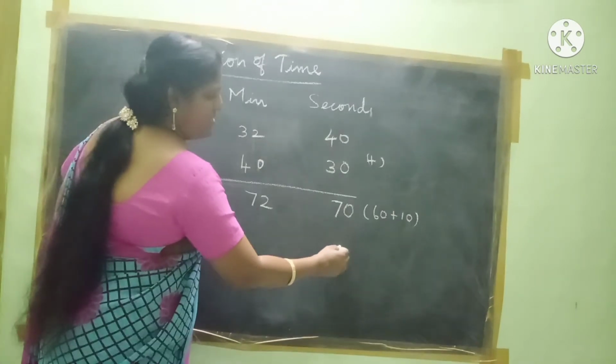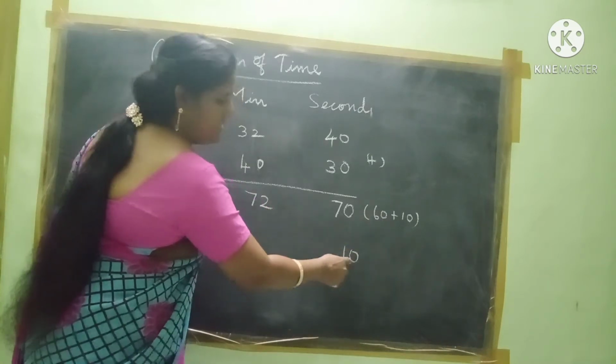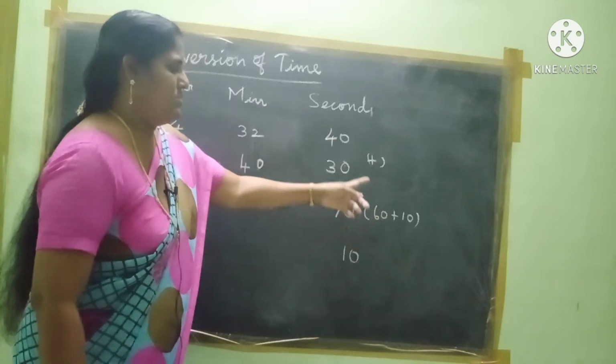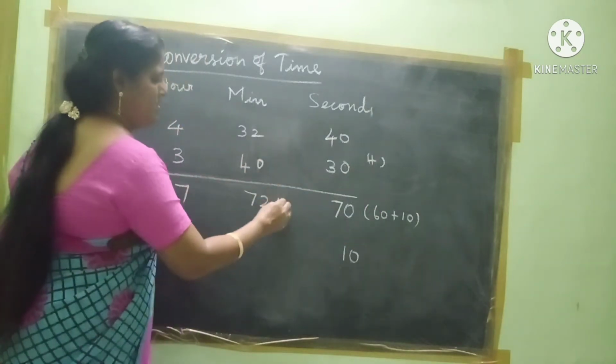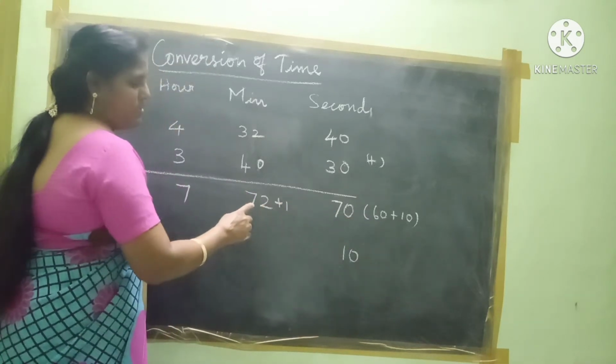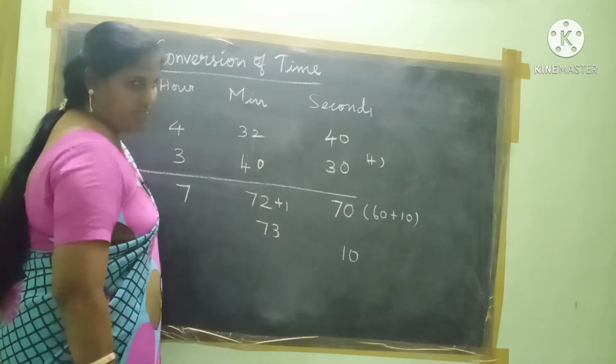So what is remaining? Remaining 10 seconds are there. So 60 seconds make 1 minute. So 72 plus 1, 73 minutes.